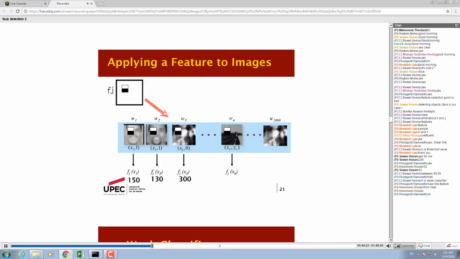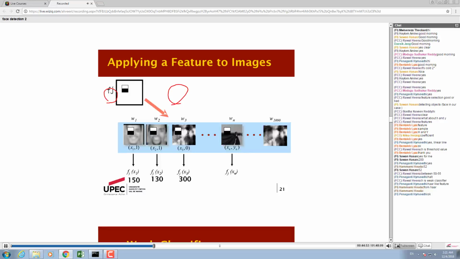Thousands of face images and more than thousands of non-face images. Normally, the negative sample set is bigger than the positive one. Instead of just two, we have to apply every feature fj to all the samples.